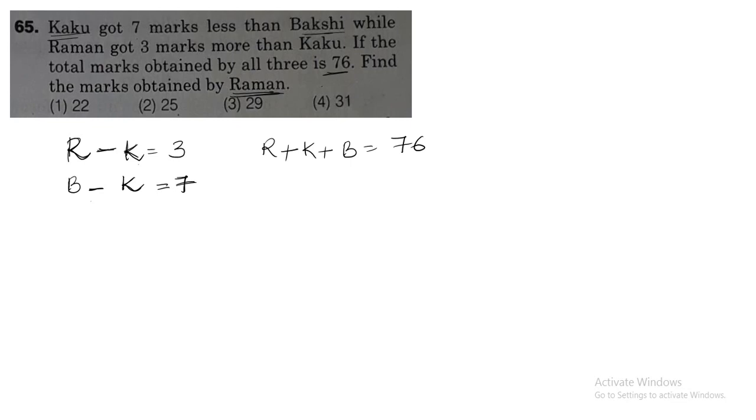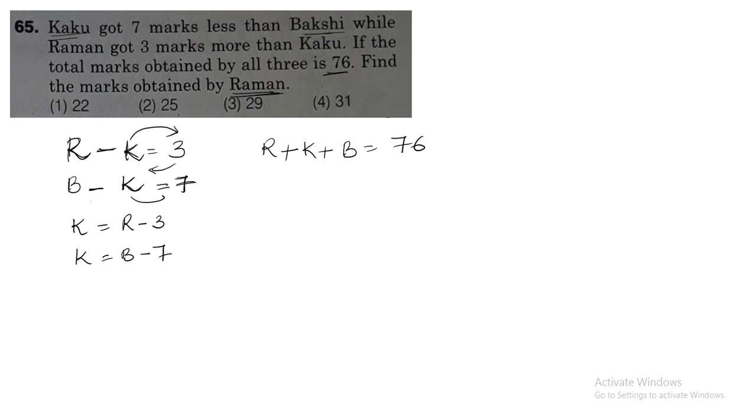From this equation, what can I write? Transposing this minus K to the right hand side and this 3 to the left hand side, K is equal to R minus 3. The same way here also, K is equal to B minus 7.